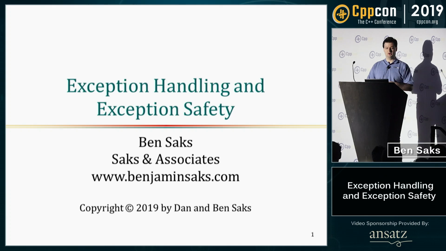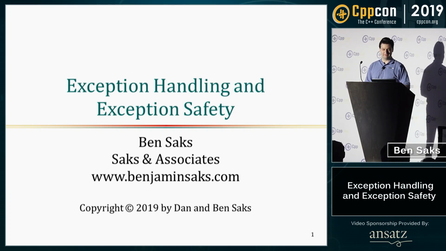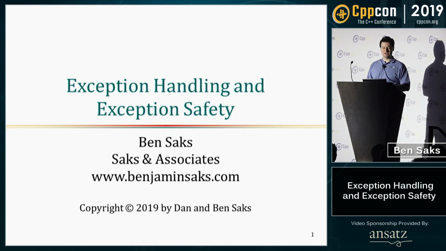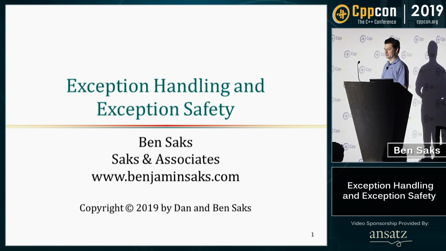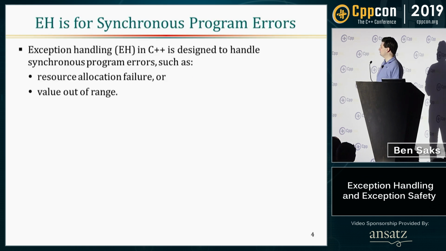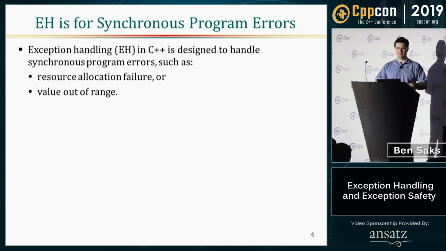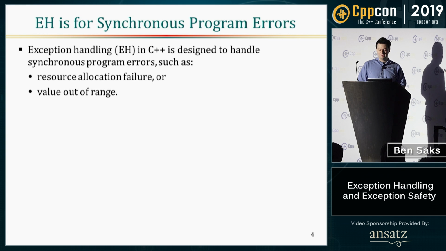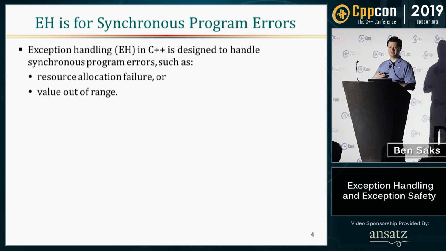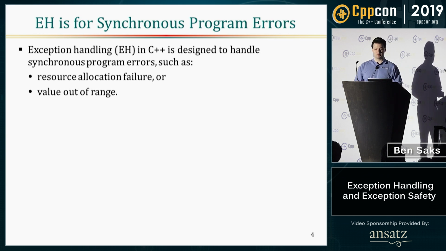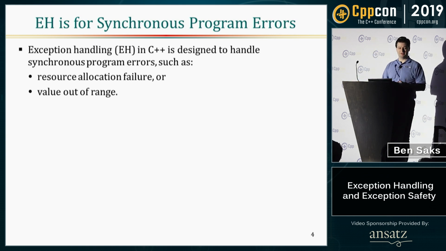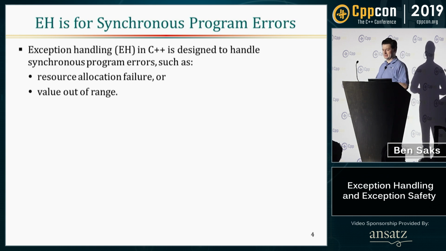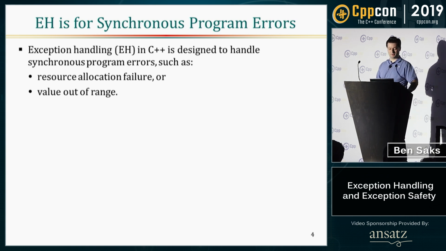Before we dive in, I want to make sure that we're all on the same page about what we're talking about, because exception is one of these overloaded terms in programming, and it's easy to get confused when you're talking to someone else. So when C++ programmers talk about exceptions and exception handling, they're generally talking about synchronous program errors, things like failing to allocate memory or suddenly discovering that a value is out of range, things that happen within the normal band of the program.